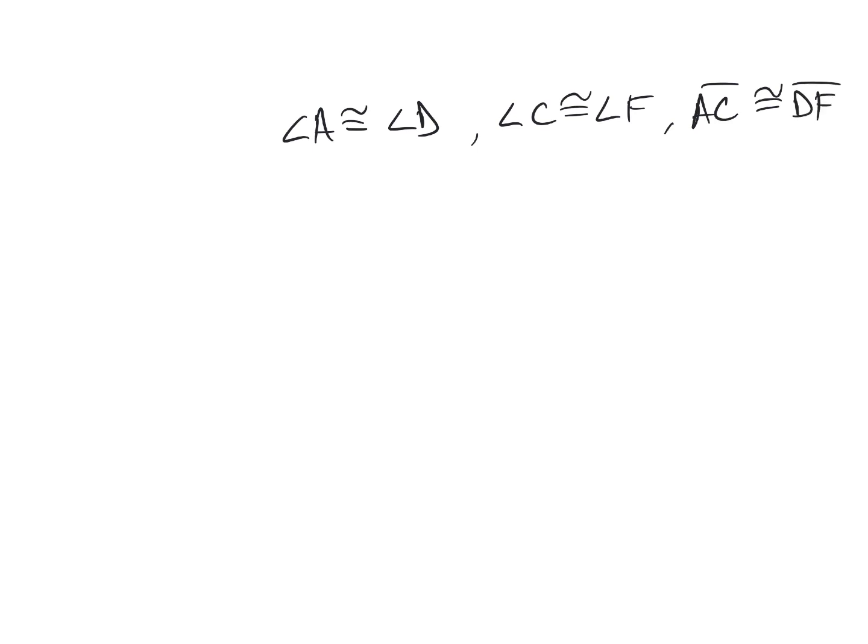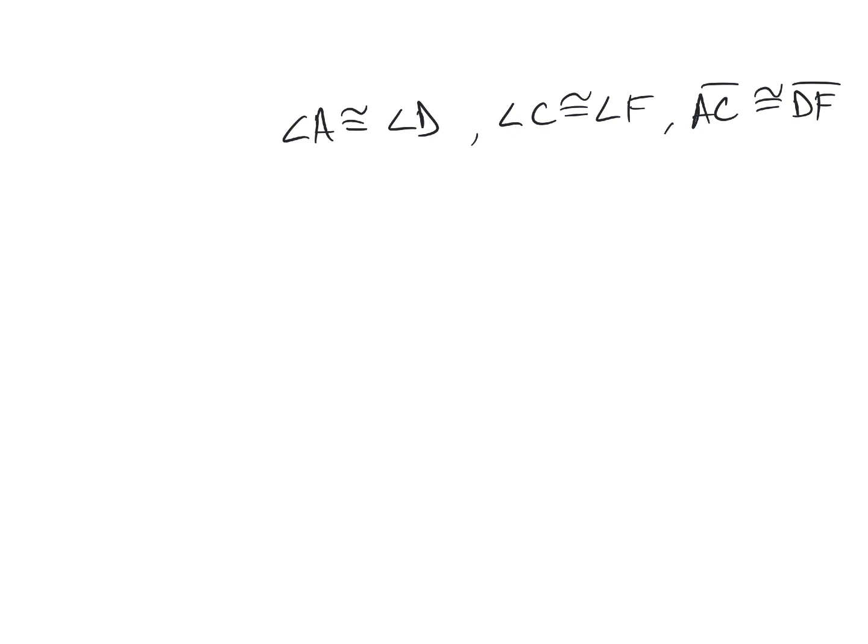Here's your information. Angle A is congruent to angle D. Angle C is congruent to angle F. And AC is congruent to DF. So you draw two generic triangles, mark the triangles, and tell me if they are congruent.